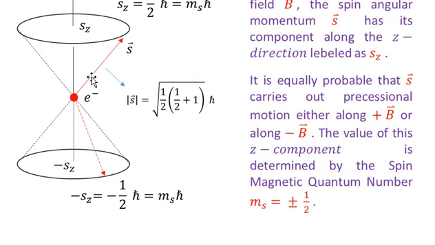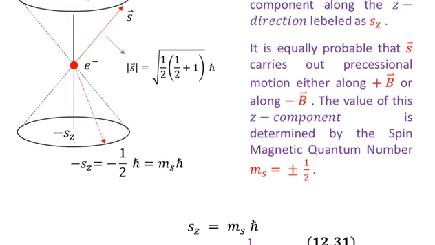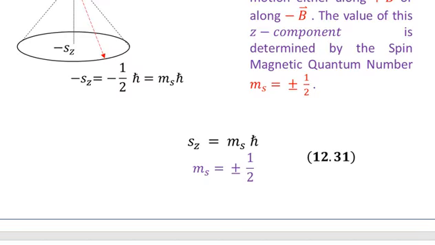The spin angular momentum is either pointed upward or pointed downward. This is equally probable under the application of the magnetic field. So ms has two possible values, ms is equal to plus minus half. So when you talk about the z component of the spin angular momentum, which is Sz, it is equal to ms times h bar, and ms is equal to plus minus half.